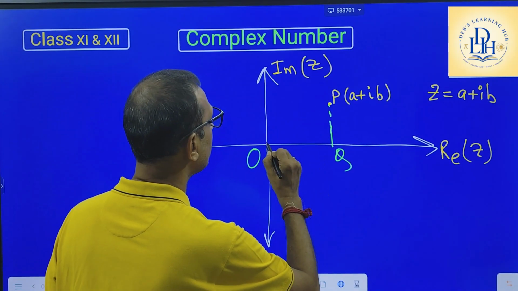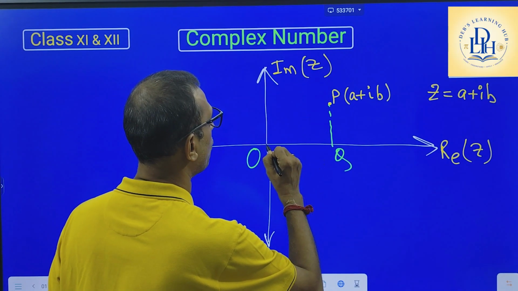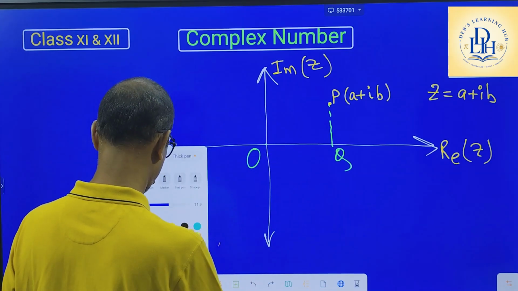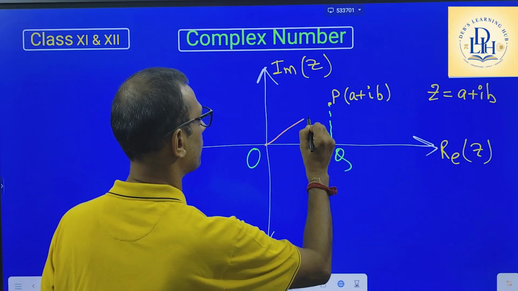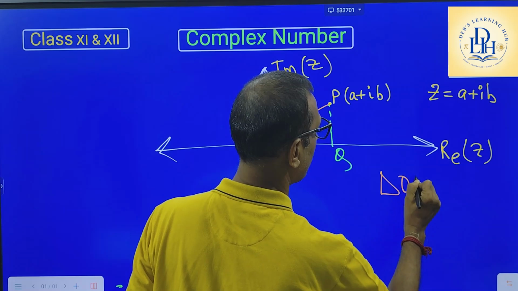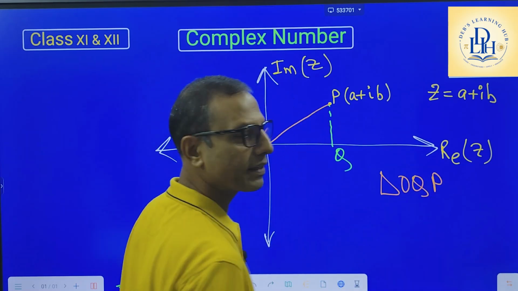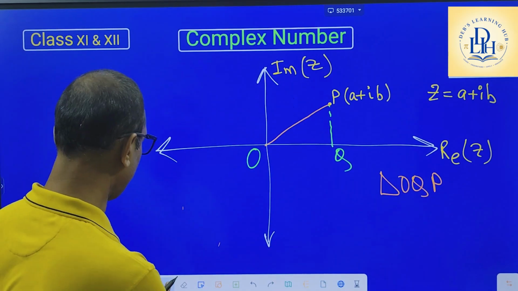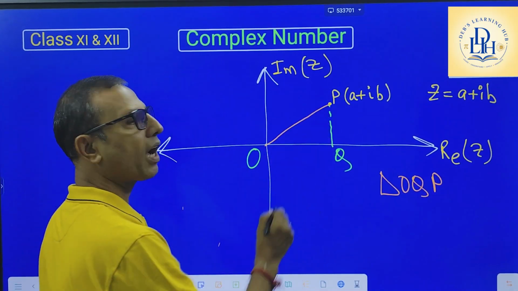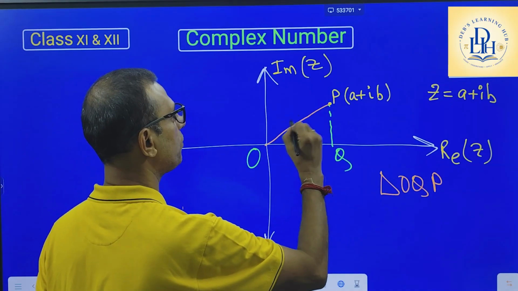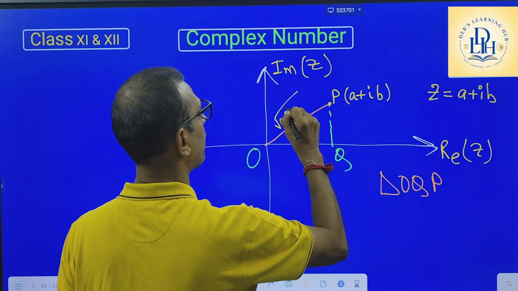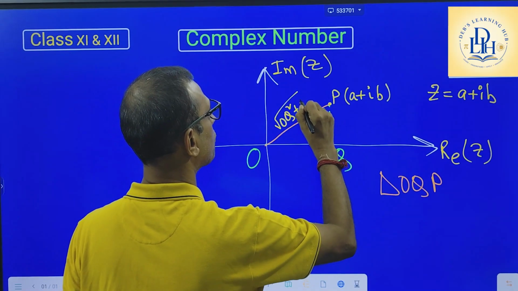So if you now connect O and P, this triangle OQP is a right-angled triangle. In that case, OP is the hypotenuse, which equals root over OQ square plus PQ square.